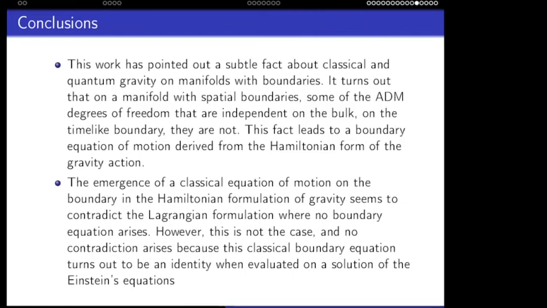There is a freedom. Yeah, what happens in ADM is that if you throw away the equations obtained with variation with respect to n and n^i, the lapse and shift, you still get equations which are kind of derivatives of the equations obtained with respect to variation of n and a. No, they are independent.